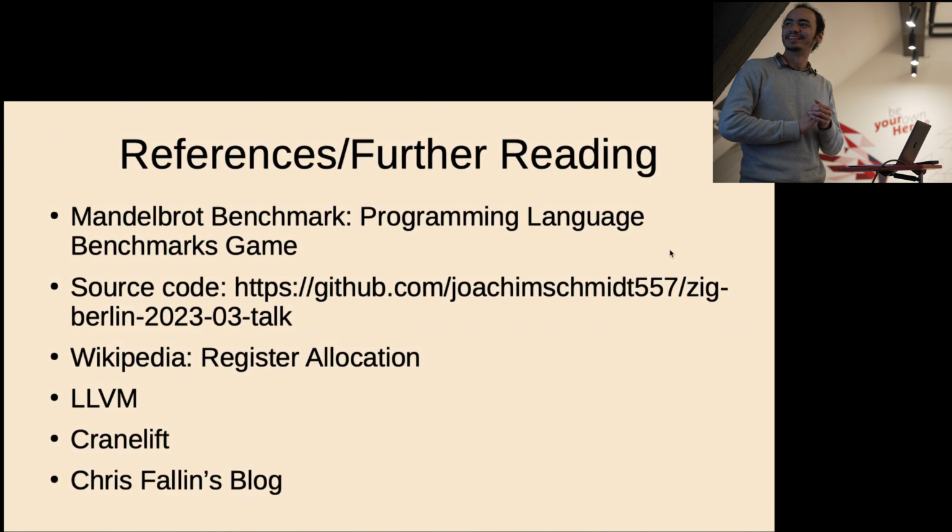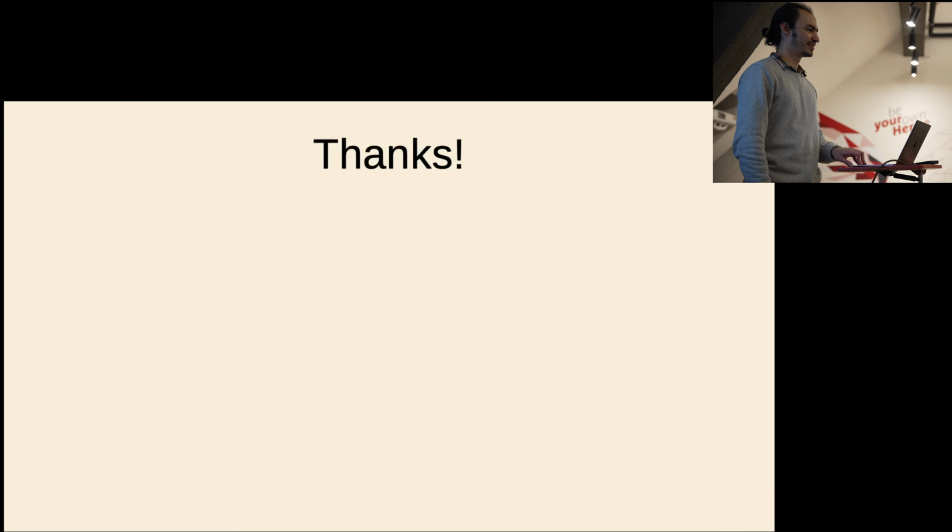The Mandelbrot benchmark was taken from the programming language benchmarks team. You can check out the source code of my code examples in the repo linked here. Thanks, that was the talk.